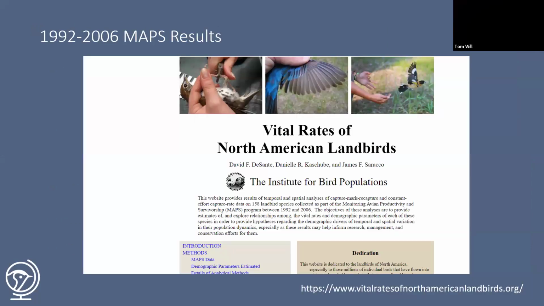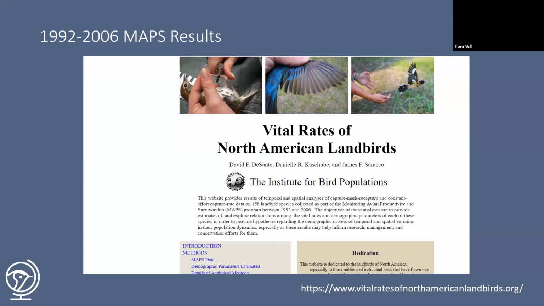And so this was an initial product developed when Dave was still around, maybe almost 10 years ago now, but it is the most comprehensive list of species for which you can go and download. You can look at maps at the BCR scale of different vital rates: recruitment, productivity, survival, population growth rate, capture rates of adult and young birds.